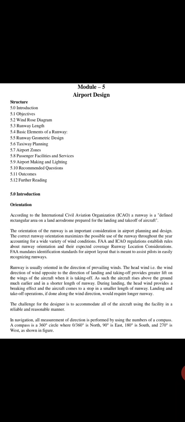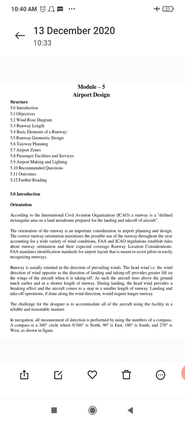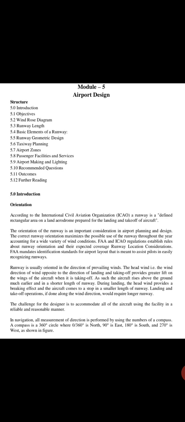In that, orientation. According to the International Civil Aviation Organization, what we call ICAO, a runway is defined as a rectangular area on a land aerodrome prepared for the landing and the takeoff of aircraft. The orientation of the runway is an important consideration in airport planning and design.